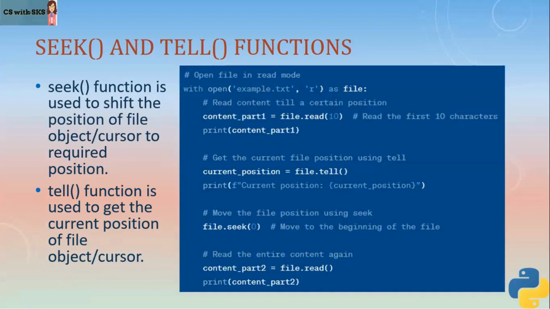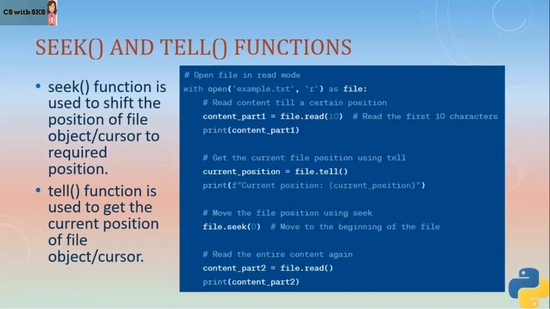So if you want to take that cursor to some specific position in the file, you use the seek function. We will understand this in the Python shell. Similarly, we have the tell function, which will tell us the current position of the cursor, where the file handler is currently positioned.